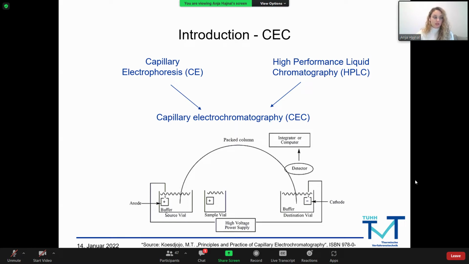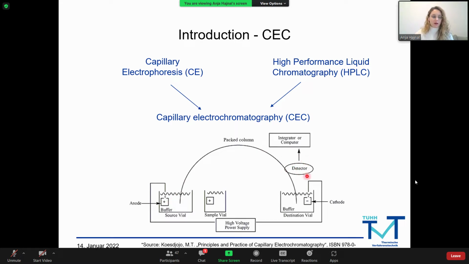The system has, just a second, two buffer tanks. One is the source vial where we have the mixture of our target components at the desired pH. This is our capillary. Normally, this is most frequently a silica capillary. Then it has another vial, which is a destination vial into which our target solution flows.